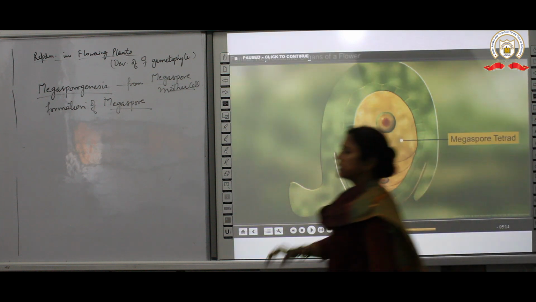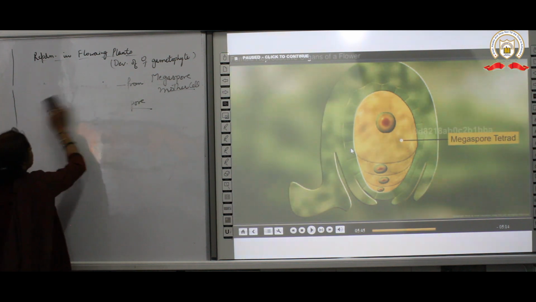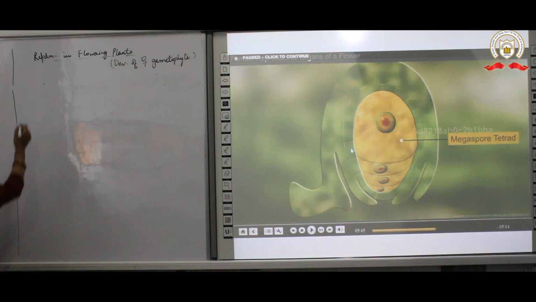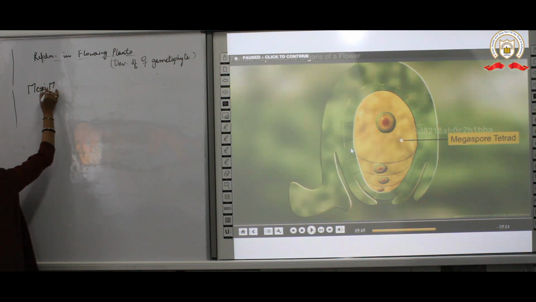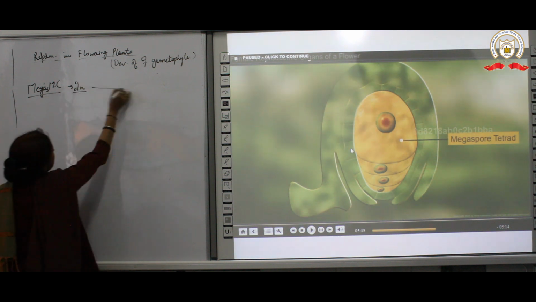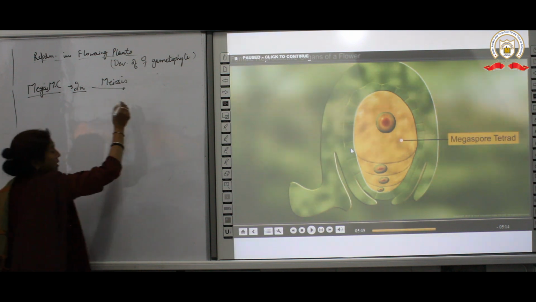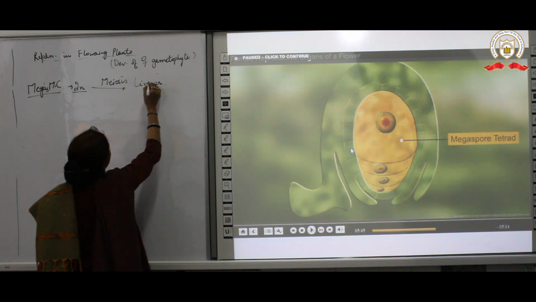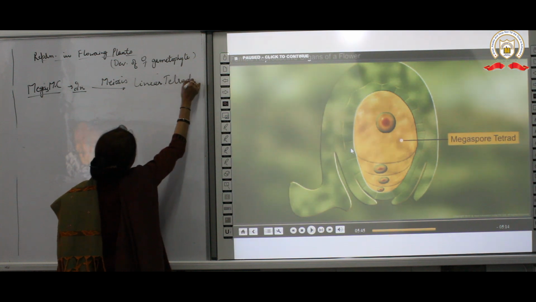Now children, let's discuss this first here and then we can carry on with the video. From the megaspore mother cell, which is a diploid cell, the process of meiosis takes place, and in most of the cases it forms a linear tetrad.